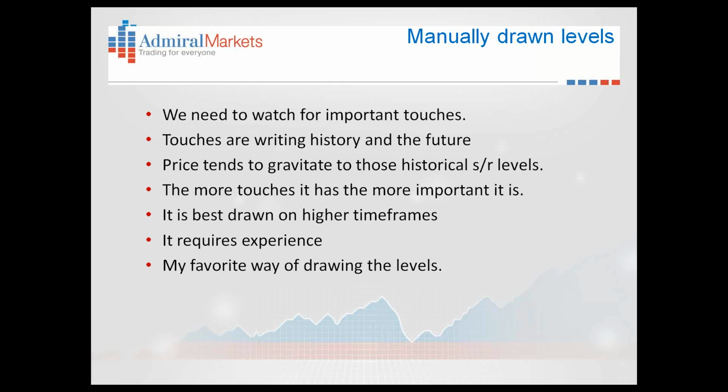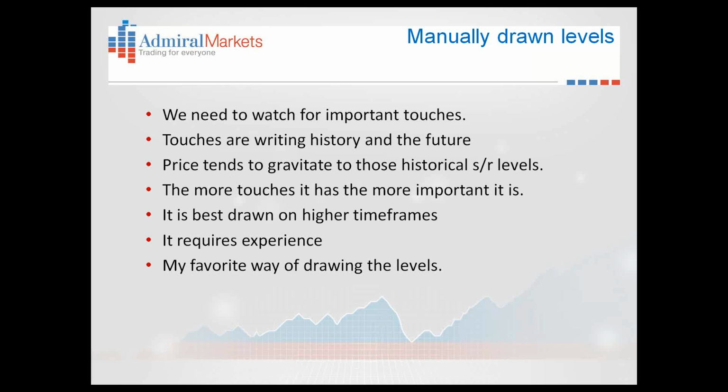But then we draw that horizontal trend line, and that is called a horizontal level of support or resistance. Touches are writing history and the future, because if the price has made 2 or 3 touches at an important point, we can be sure it will also make 6, 7, 8 and even more.